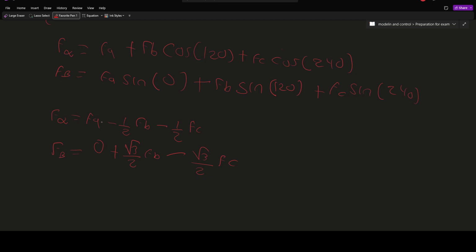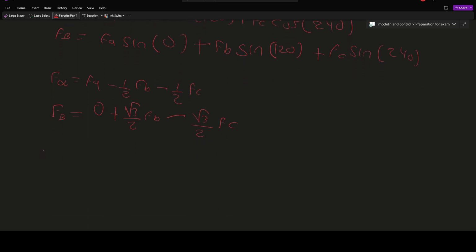Now this is a transformation, so it is better to write it in terms of a matrix. So we have phasor alpha, phasor beta, and we're going to have here 1, minus 1/2, minus 1/2, 0, square root 3 over 2, minus square root 3 over 2, and this multiplies by our components.